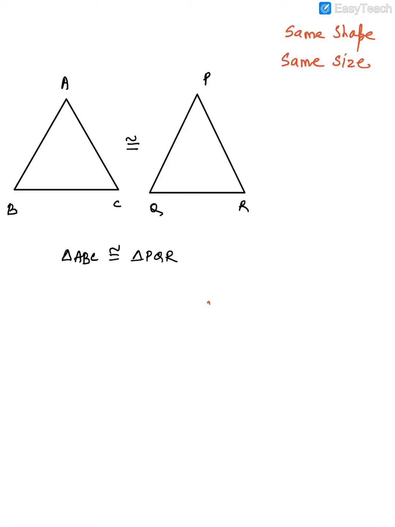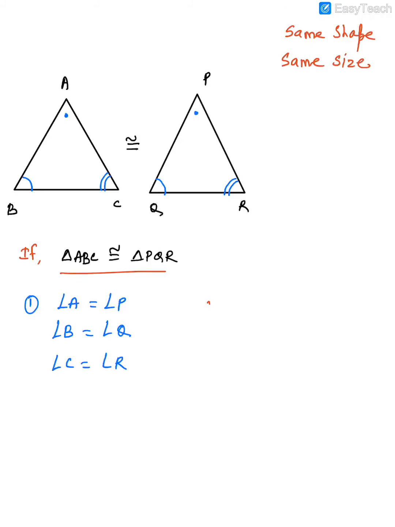Now also, if I say that triangle ABC is congruent to triangle PQR, then what else can be concluded? If these two triangles are congruent, then I can also say that angle A is equal to angle P, angle B is equal to angle Q, and angle C is equal to angle R. What is the reason for this?